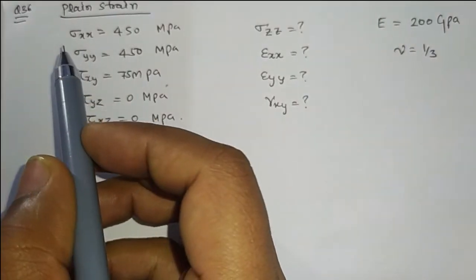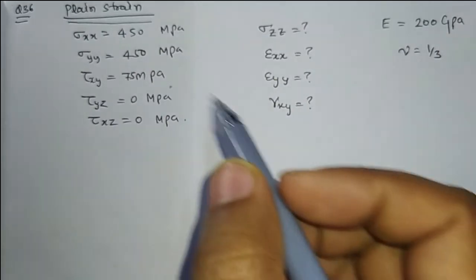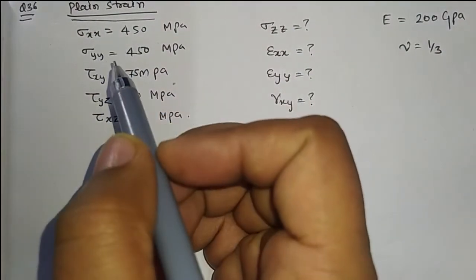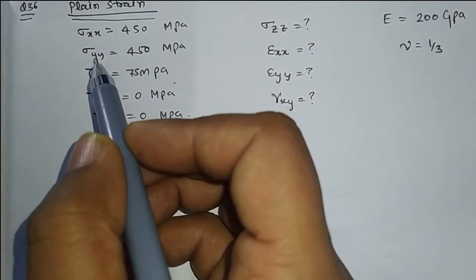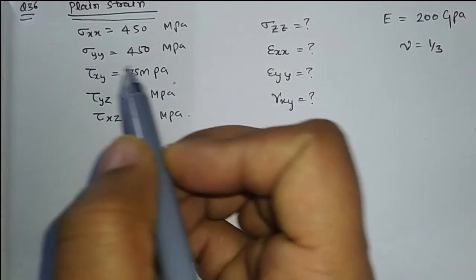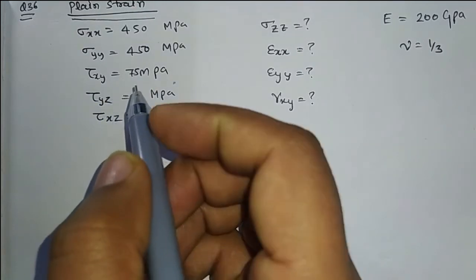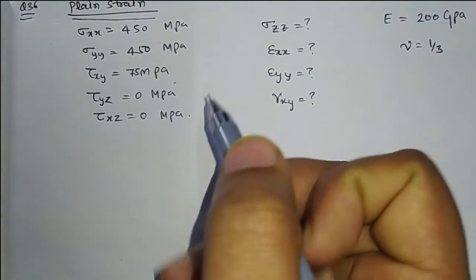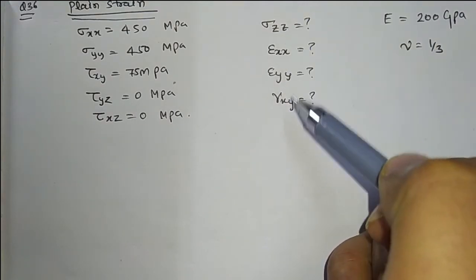question number 36. A plane strain problem is given in which the normal stress in x direction is 50 megapascal, the normal stress in y direction is 50 megapascal, and a shear stress of 75 megapascal is given. We have to find the remaining stress and strain terms.